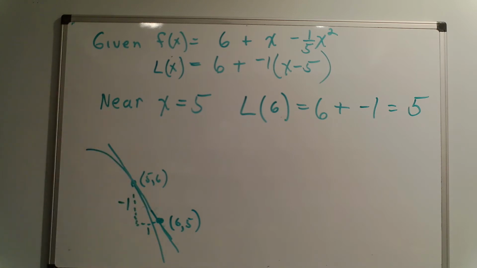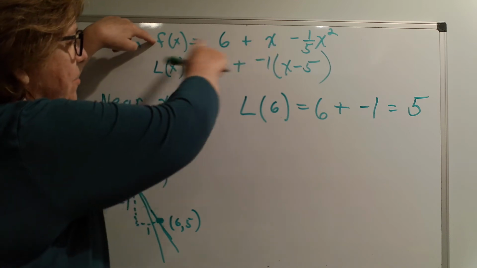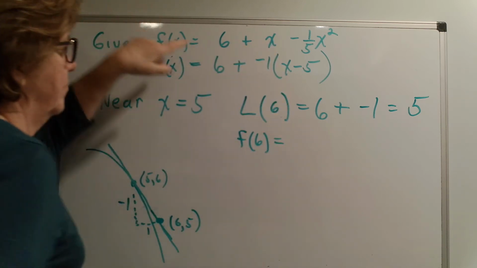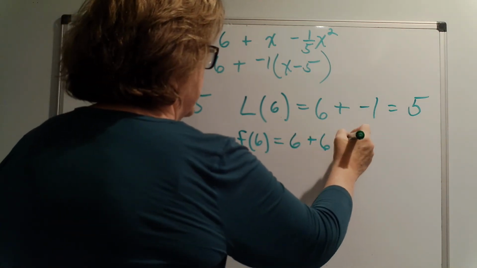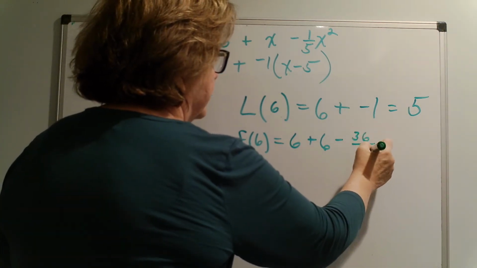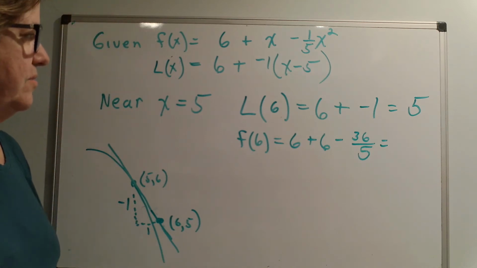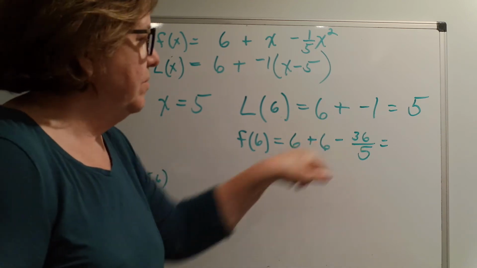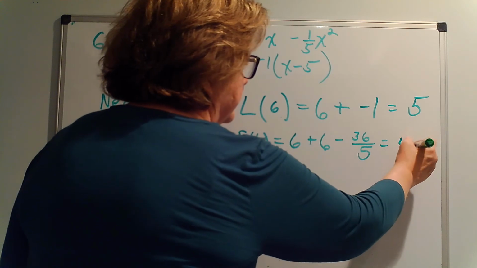Now, where do we actually land up? If we use the original function, we're going to get 6 plus 6 minus 6 squared is 36 over 5. So if you do the arithmetic, it turns out you get 4.8.